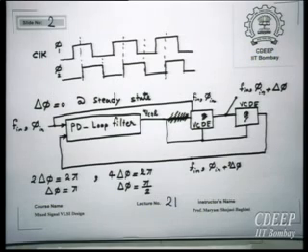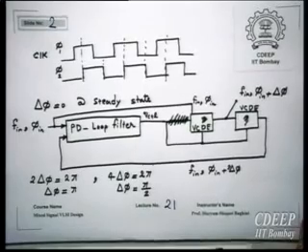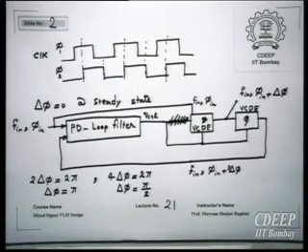Therefore, that's why it is called DLL. So this is a very simple concept, and similar to the previous case we had, we can have a small signal model of this and then write the transfer function, everything.